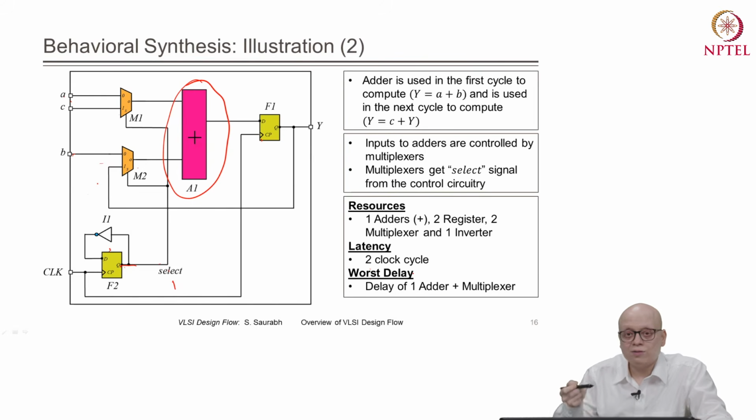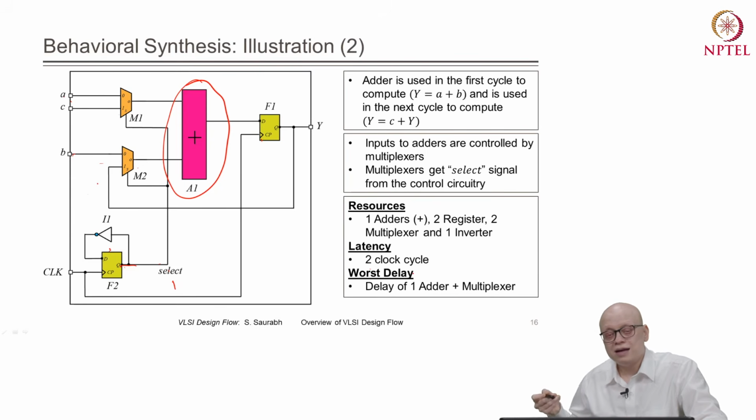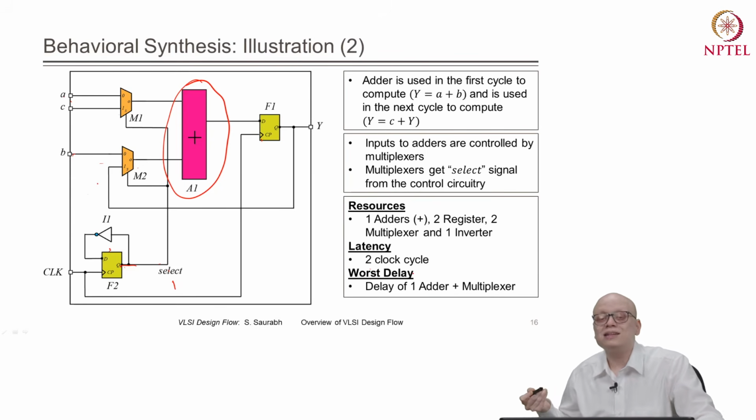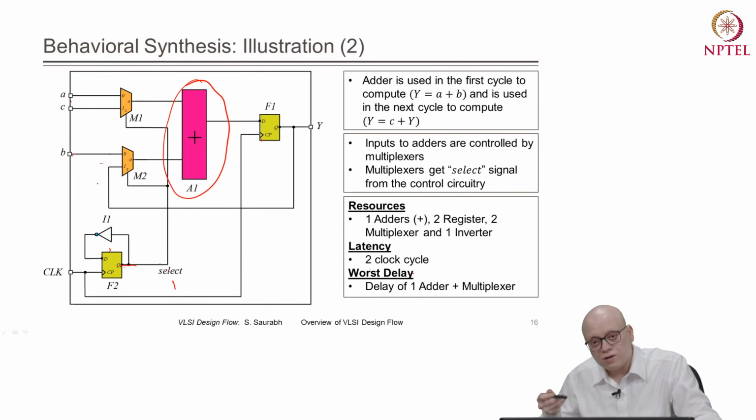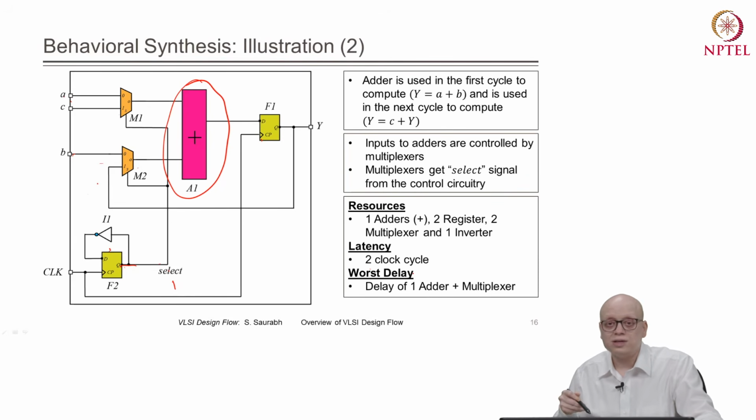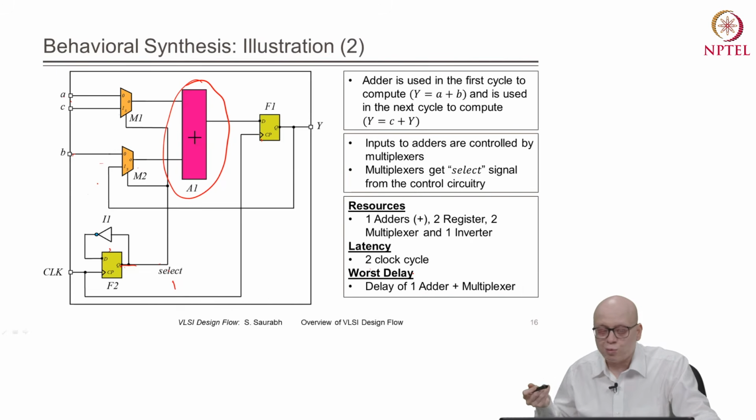In one clock edge it is producing A plus B, and in the next it is producing A plus B plus C, right? So every 2 clock cycles it is producing the result, and so the latency will be 2 clock cycles, and also the throughput, that is how many computations are done in 1 clock cycle, is reduced in this case. But what benefit are we getting? The benefit is in terms of area and possibly in terms of power also.